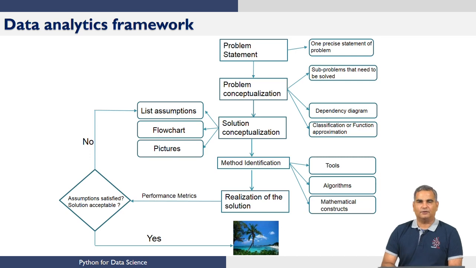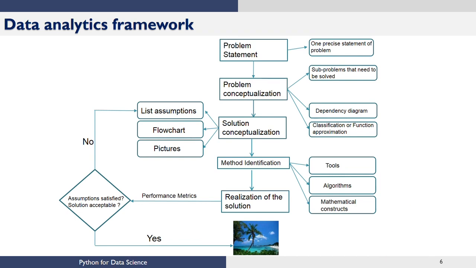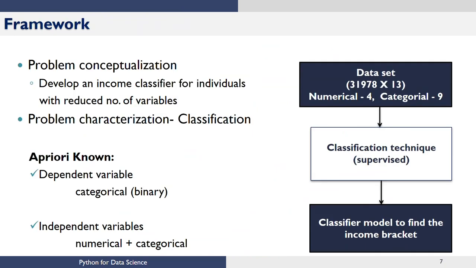As I mentioned before, the two most popular platforms are Python and R, and in this case we are going to use Python to solve this problem. And once you solve this problem and you are happy with the results, that is the end of this whole data analytics solution strategy or methodology.